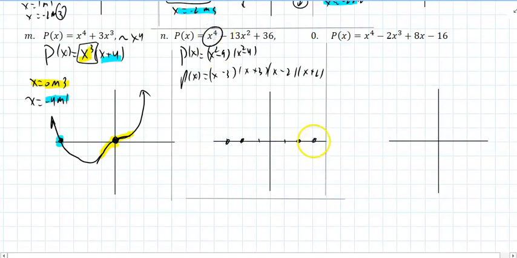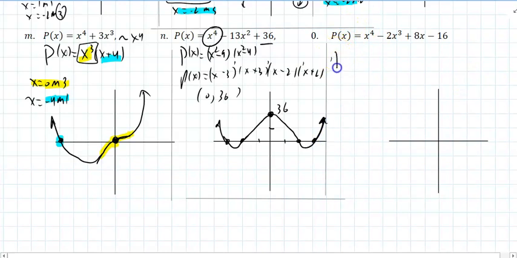This behaves like x to the 4th. These all have multiplicity 1. So it's going to cross like a straight line. Straight line. What's the y-intercept? Let's say that's 36. And you're going to cross straight line and a straight line, and there it is.